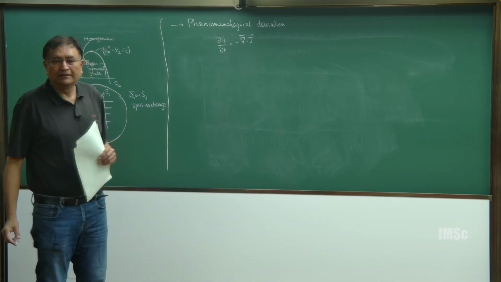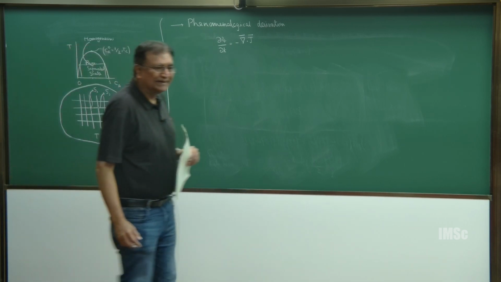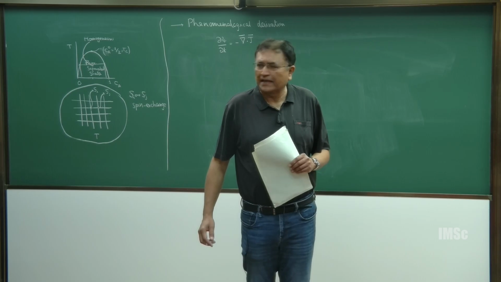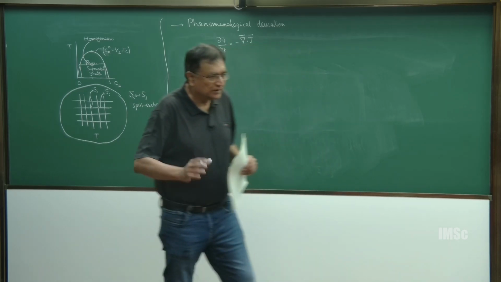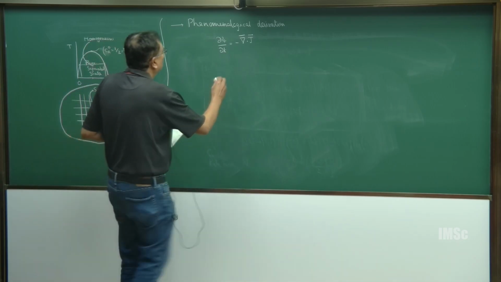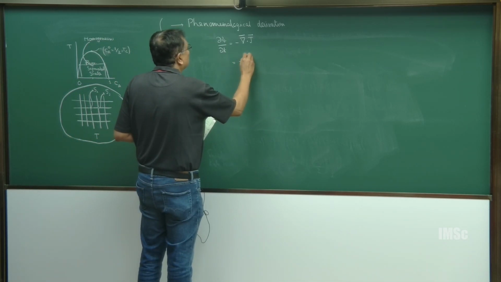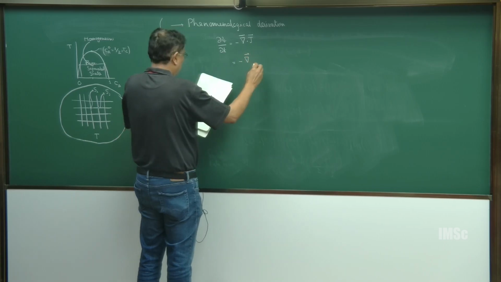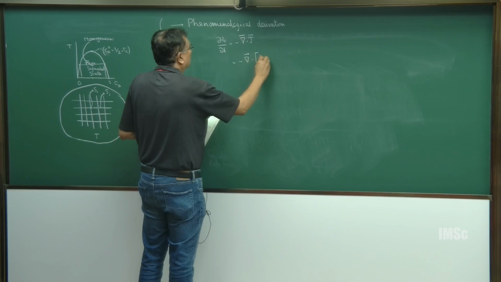What is the current? The current is transport of material driven by a gradient in chemical potential. This is Onsager's prescription for non-equilibrium thermodynamics. Okay. So, this is minus grad of a chemical potential.